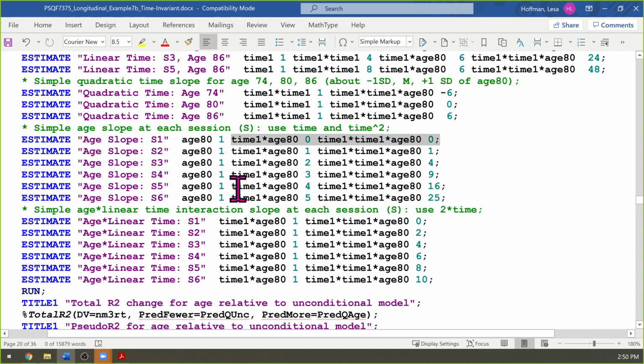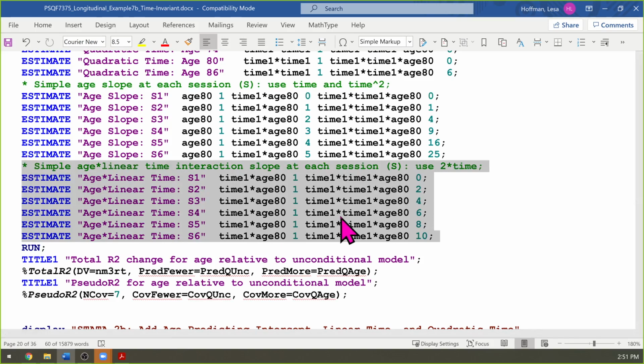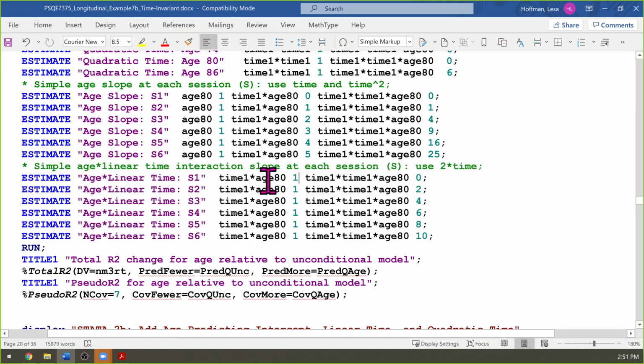So when you're estimating the effect of the time invariant predictor at each occasion, it's time and time squared. In this model, because of the three-way interaction here, I can also estimate simple age by linear interaction terms. And here, if that's the thing I want, it gets a 1, and then it's twice the value of time.